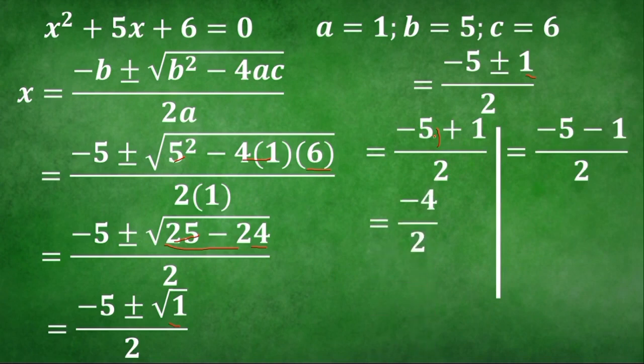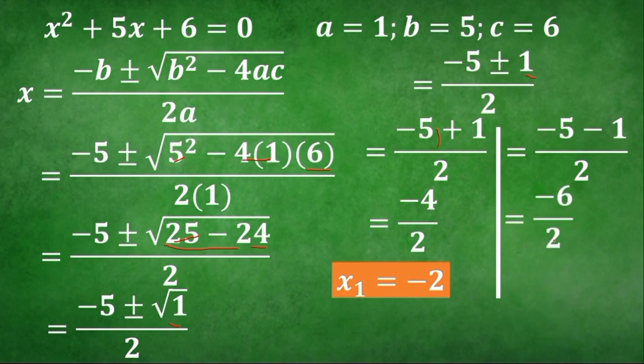Negative 5 plus 1 is negative 4, divided by 2 is negative 2. And negative 5 minus 1 is negative 6, divided by 2 is negative 3. So, the first root, again, pwedeng magkapalit itong dalawang ito, ha? Okay, so we have the first root is negative 2 and the second root is negative 3.